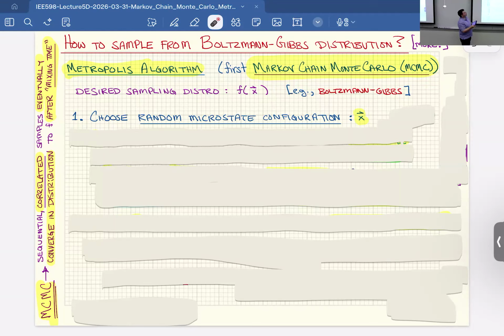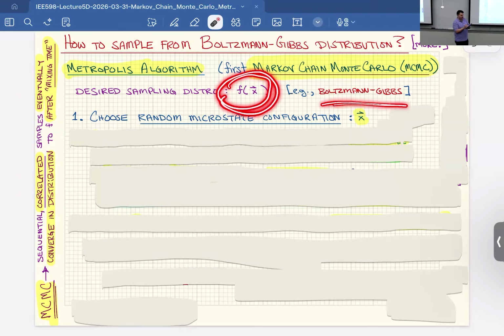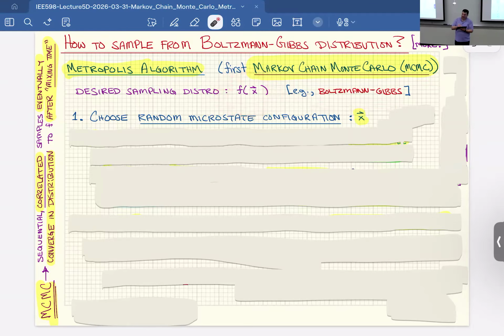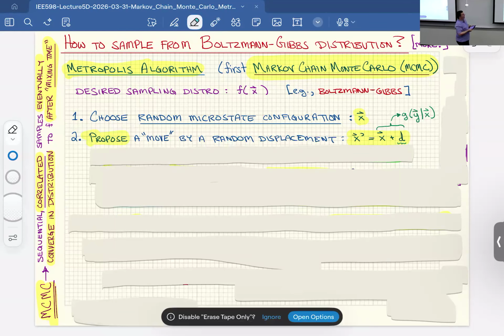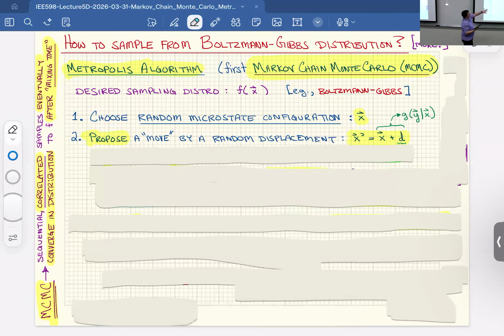So Metropolis algorithm. We have a desired sampling distribution F, which in Metropolis's case was Boltzmann Gibbs. The algorithm starts by choosing a random microstate configuration. And remember, we're trying to draw microstates from this distribution F. So we now propose a move from this by random displacement.